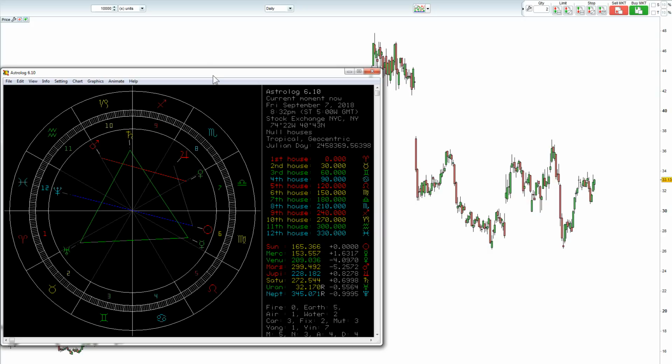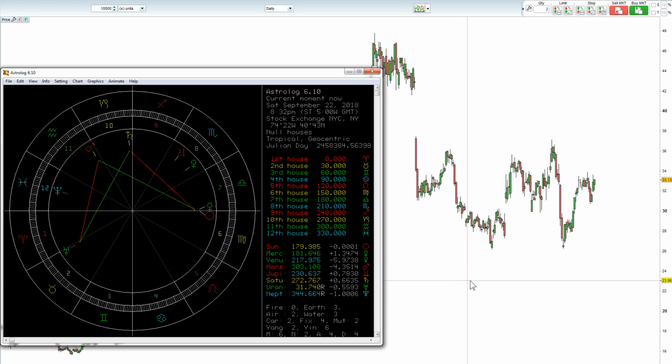So let's move forward till Mercury is, we already saw Mercury square Saturn September 22nd. That would be the first thing to look at. And we obviously are not forecasting the end of the trend with that date.